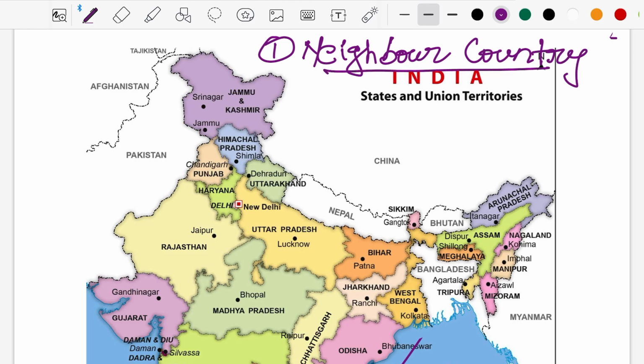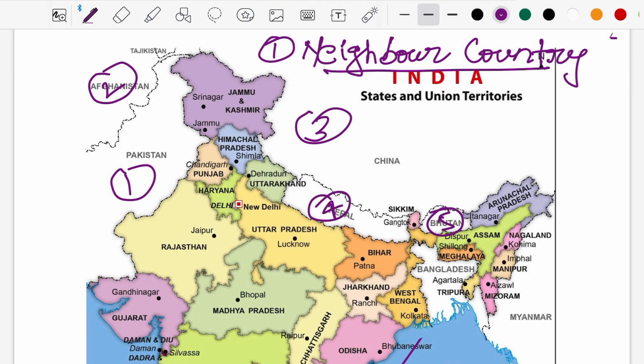First it is Pakistan, second Afghanistan, third China, fourth Nepal, fifth Bhutan, sixth Myanmar, and seventh Bangladesh. These are the 7 countries that are our neighbor countries: Pakistan, Afghanistan, China, Nepal, Bhutan, Myanmar, and then Bangladesh.